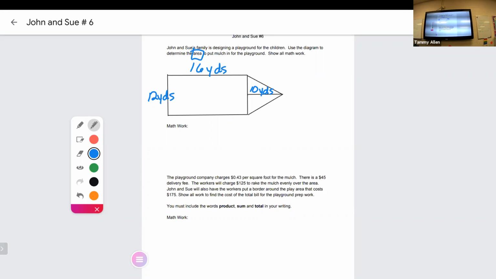Okay, so what shapes do you see that we need to find the area of? Abby? Rectangle? Anything else? So if we add the rectangle and the triangle together, we will get the total area, right? And what's the formula for the area of a rectangle?